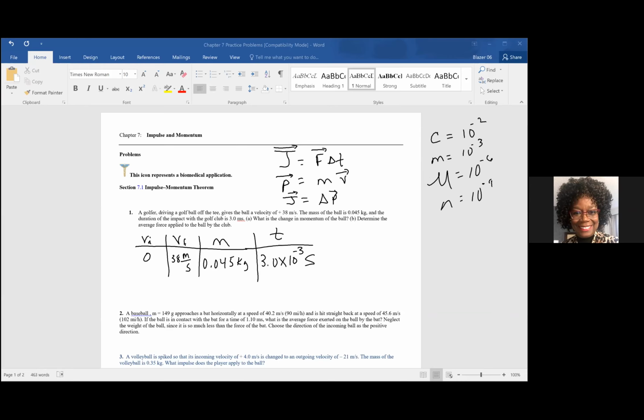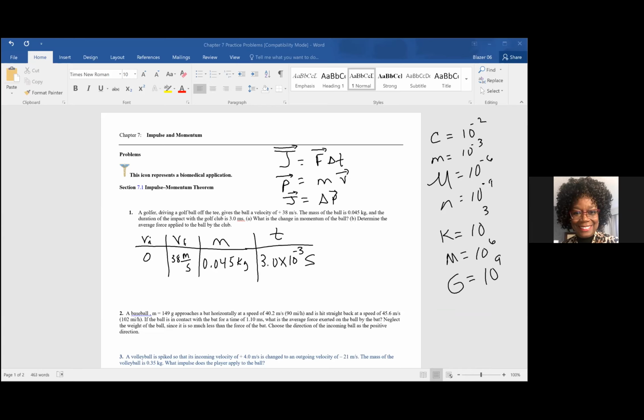So those are the common ones that are less than the whole. Then we have kilo, which is 10 to the third. We have mega, which is 10 to the 6th. Those are the main ones that we're going to be using. And sometimes we may see giga, but not too often. But if you do, it's 10 to the 9th.